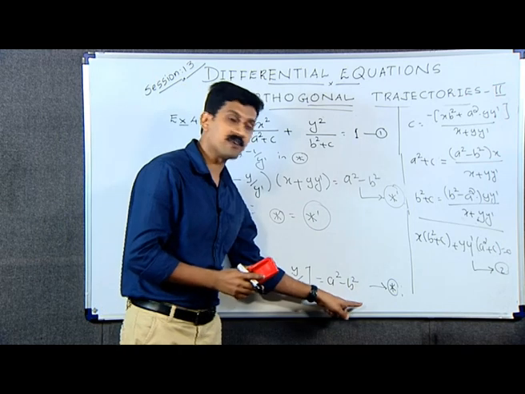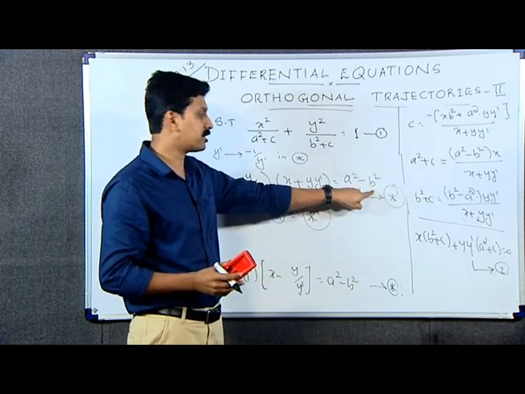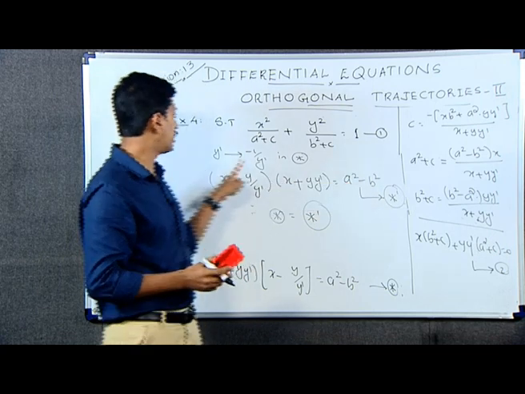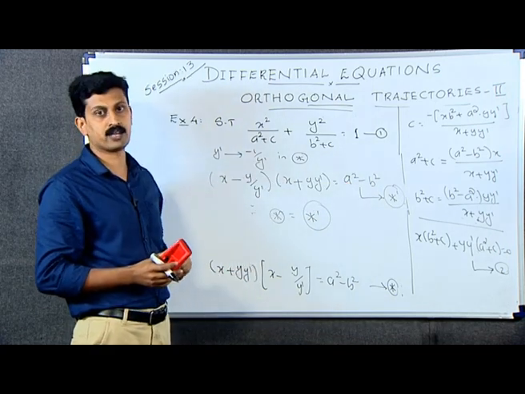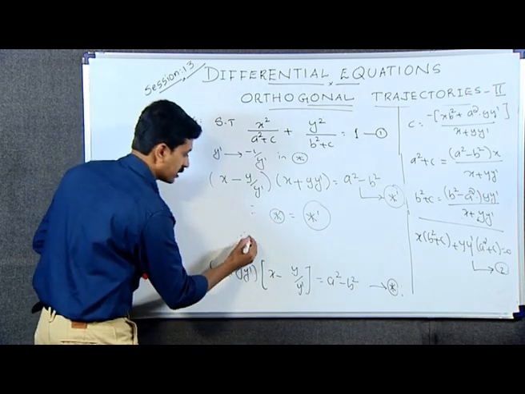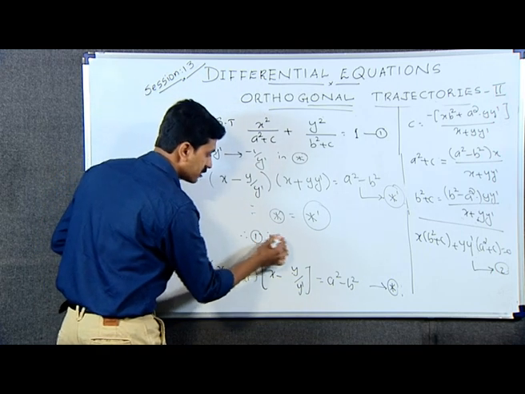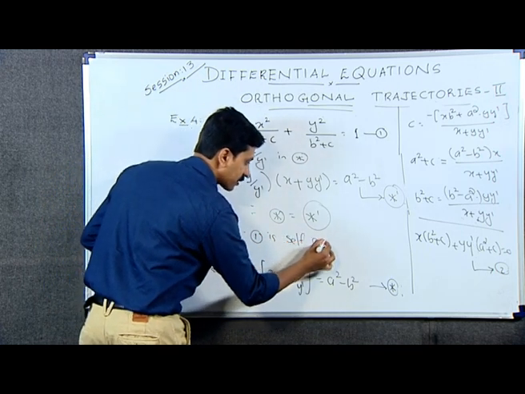Star is the differential equation derived from 1, and this is the differential equation we have got by replacing y dash as minus 1 by y dash. Both the differential equations are the same. Therefore, we can say that 1 is self orthogonal.